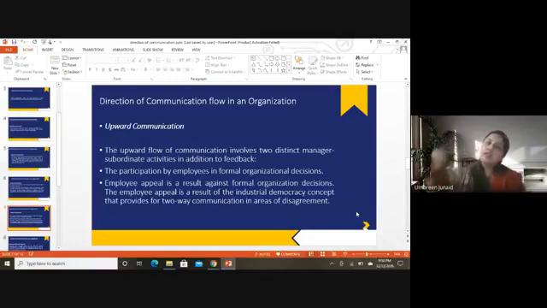It's not just that downward communication is done and orders are passed to the employees. Employees also must have a margin, must have a word to communicate to their bosses. So this is a very, very important aspect of upward communication, that using the industrial democracy concept, employees should have a right to appeal against any formal decision that has been taken by the organization at the higher level.